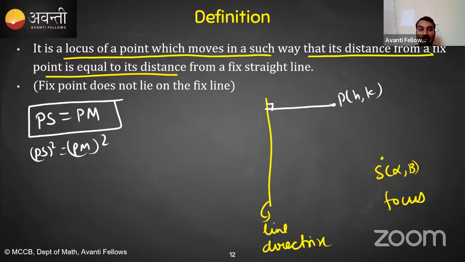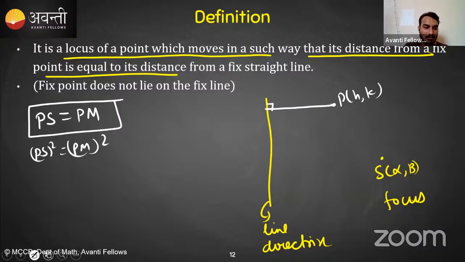In the question, the definitions of parabola, ellipse, hyperbola are very crucial. So what is the definition of a parabola? It is a locus of a point which moves in such a way that its distance from a fixed point is equal to its distance from a fixed straight line. That's all. It is also given that the fixed point does not lie on the fixed line, meaning the focus does not lie on the directrix.